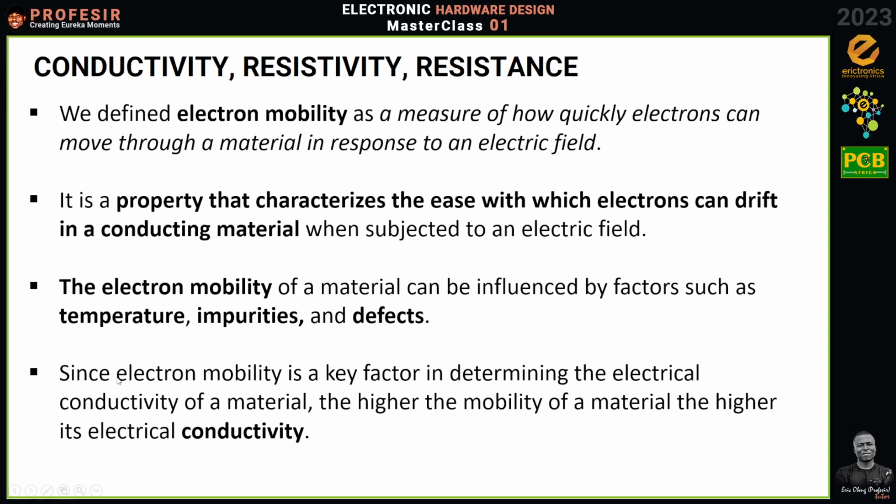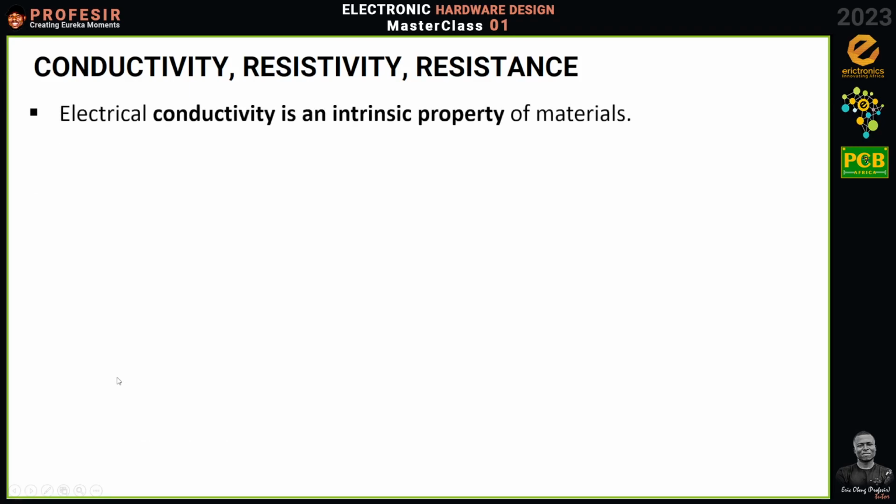Great. Now, electrical conductivity is an intrinsic property. When we say that a property is intrinsic, it means that it is by nature. For instance, the ability to have two legs is an intrinsic property of human beings.